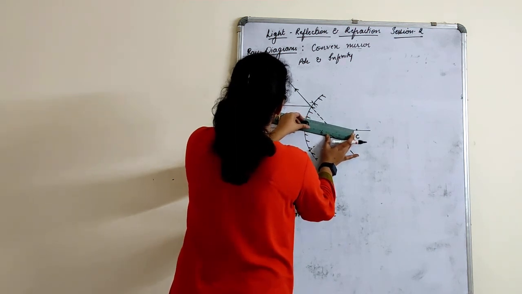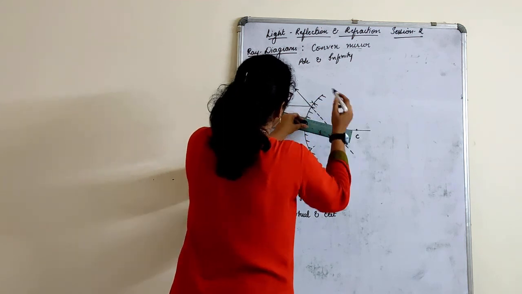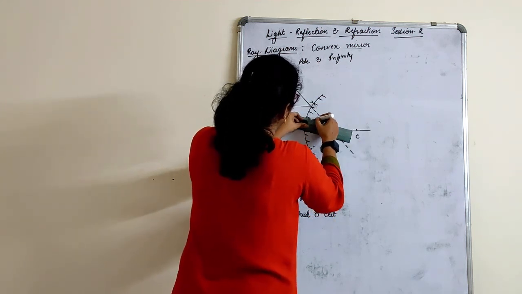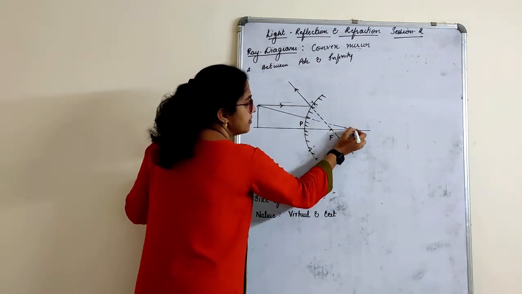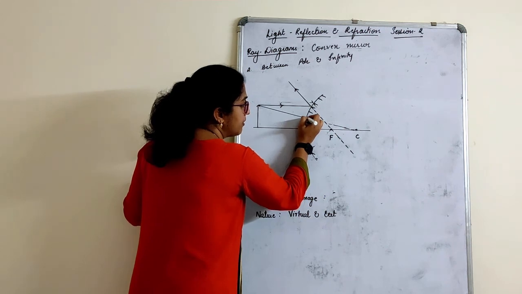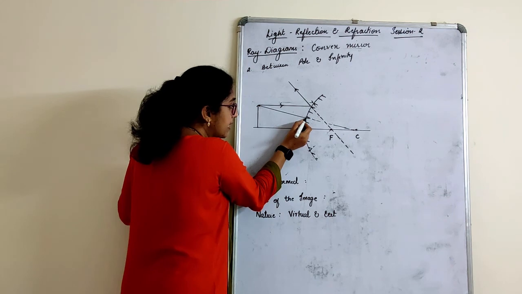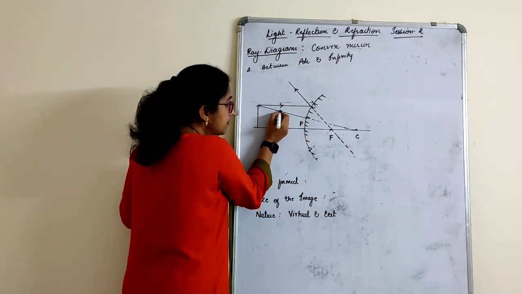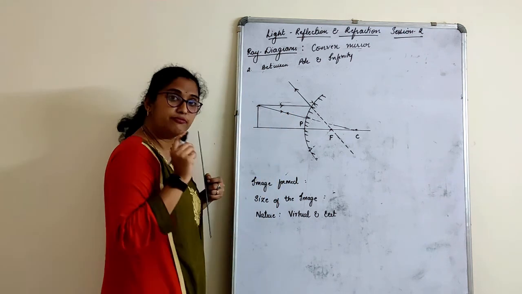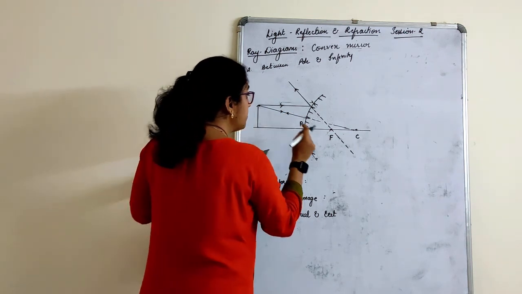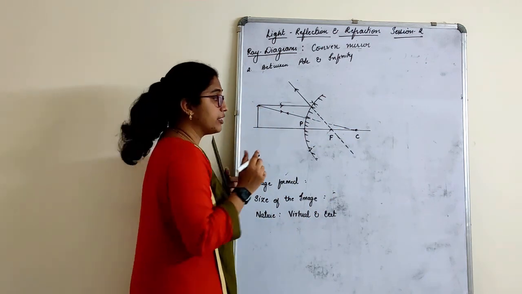Same thing, and if you produce them back, it will actually meet the curvature point. Okay, and from here it actually goes back. See, the minute the rays come in and hit here, this will actually retrace back. The same ray, if I produce it backwards, it will come to the point of curvature.